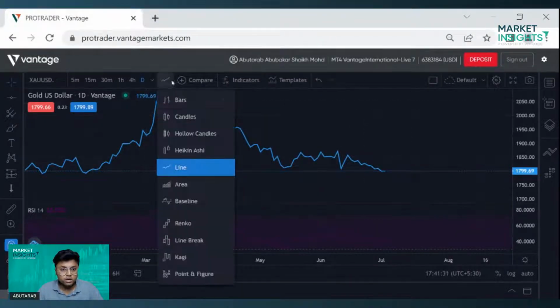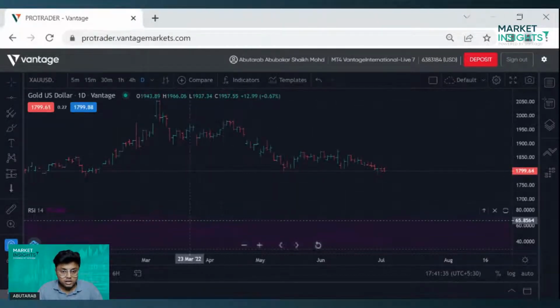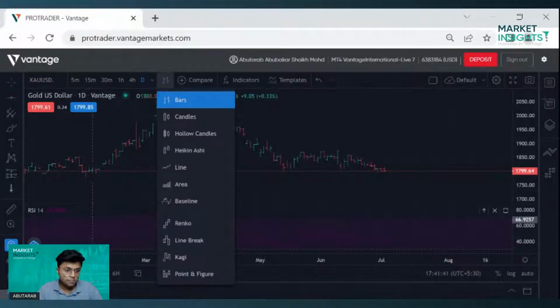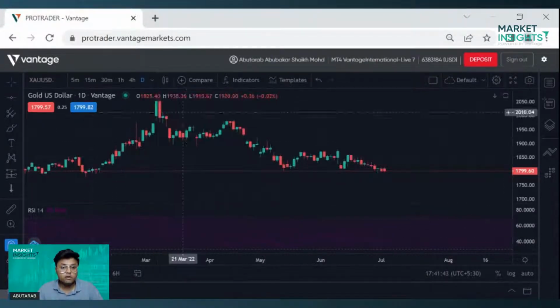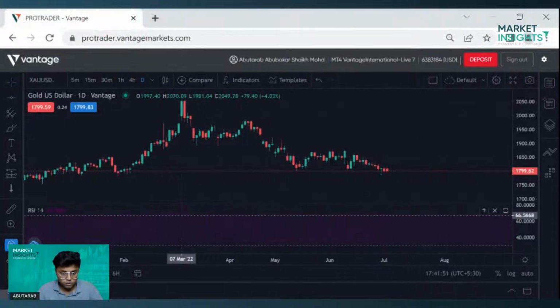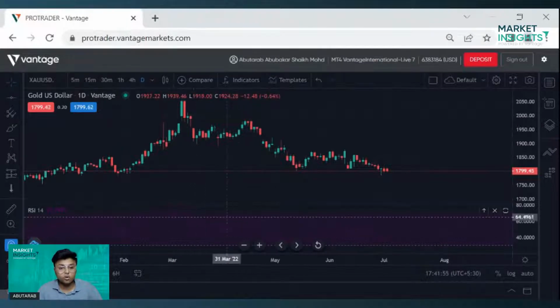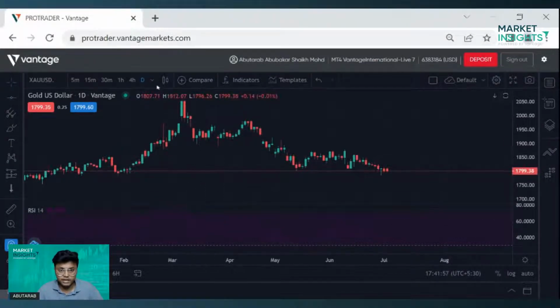No matter if you are keeping it candles or bars, this you cannot change to any other form of chart. You cannot make bars in RSI. Any form of indicator uses a line chart to represent itself and its values. So the line chart has its own utility. Now you know how line charts are important.